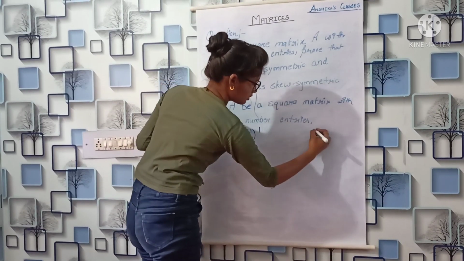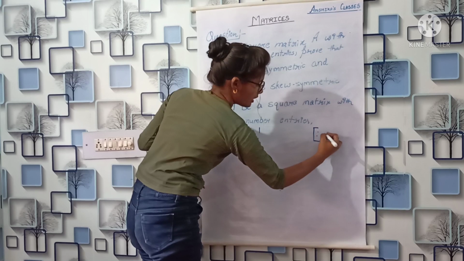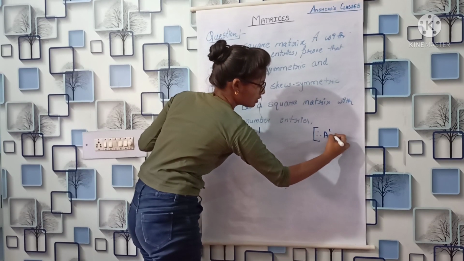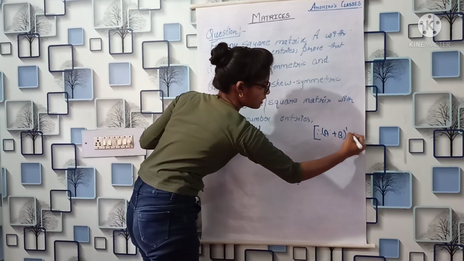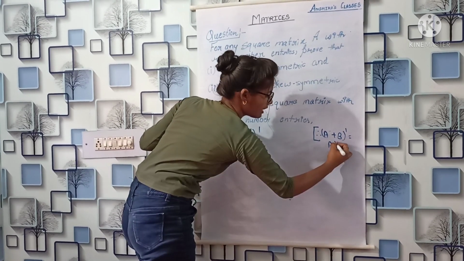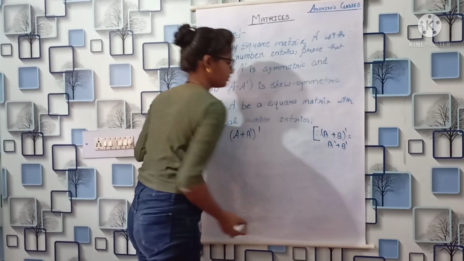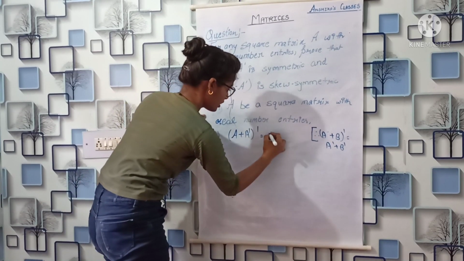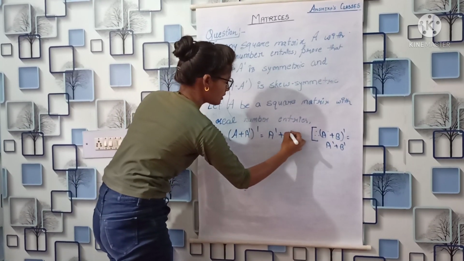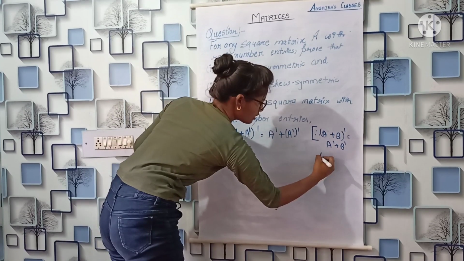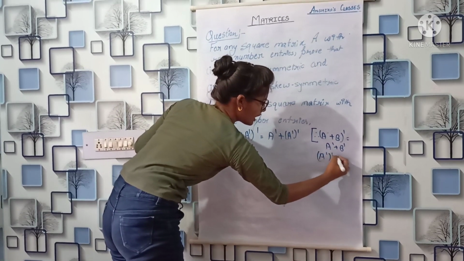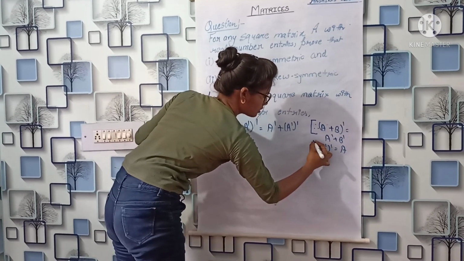So A plus B whole dash is equal to A dash plus B dash. Then A dash plus A dash whole dash. So A dash whole dash is equal to A.